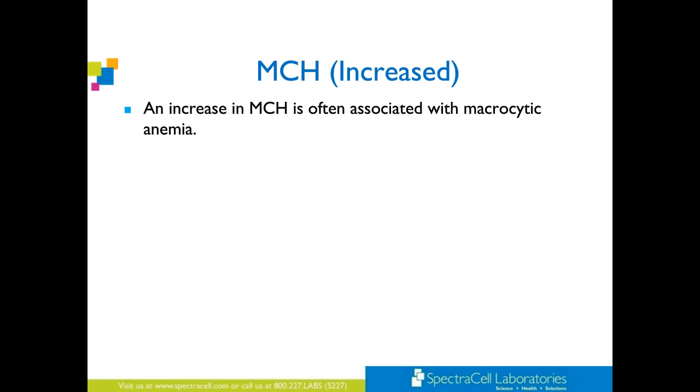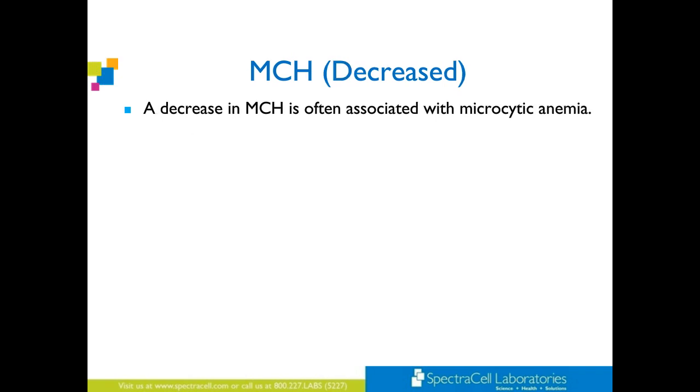Now, generally speaking, when the MCH is increased, we often associate it with a macrocytic anemia or an elevated MCV. This isn't always true, but more times than not it usually correlates like that. So it's something that we want to keep in mind. On the other hand, when the MCH is decreased, we often associate that with a microcytic anemia. So this would be a microcytic hypochromic type anemia.